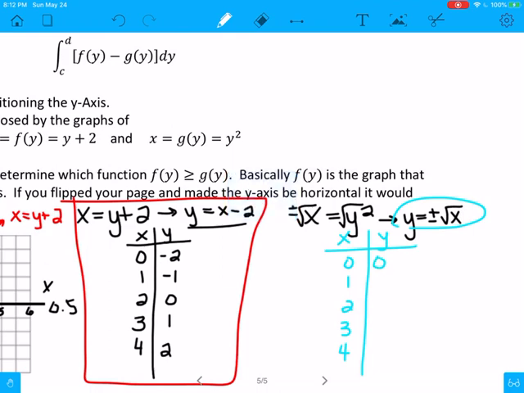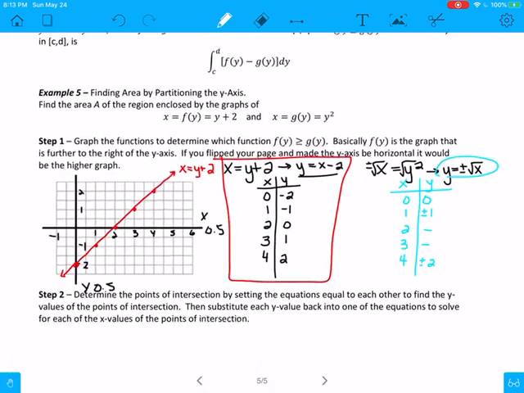When I plug 1 in for x, I get plus or minus 1. When I plug 2 in, I get a decimal, so I'm not going to do these, but you can plug them in. When I plug 4 in, I'm going to get plus or minus 2. So I picked easy ones to do. Now 2 has a decimal and 3 has a decimal. I just don't feel like dealing with that. So at 0, I'm at 0. 1, I'm at 1. Negative 1, I'm at negative 1. And then 4, I'm at 2. And then I'm at negative 2.